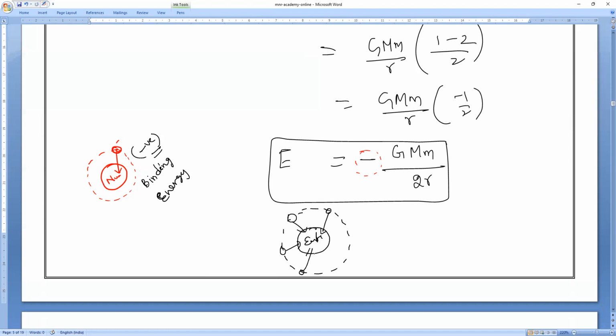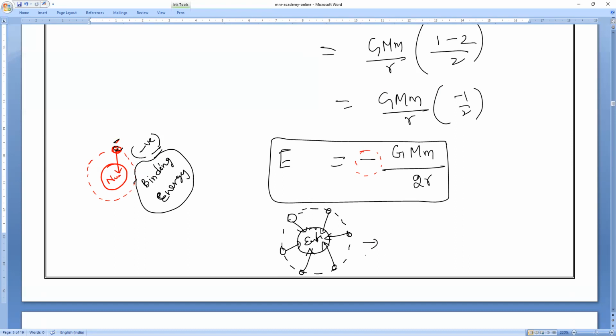Force is always exerting towards the center of the earth. So that is the reason. Always keep in mind, because of binding energy, the electrons have negative energy, because they are binded by the nucleus.